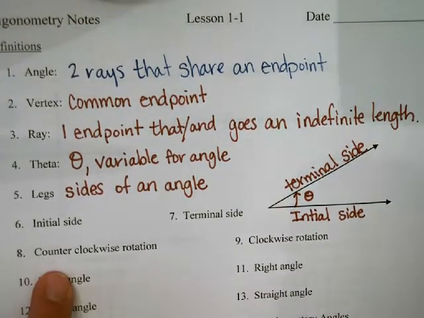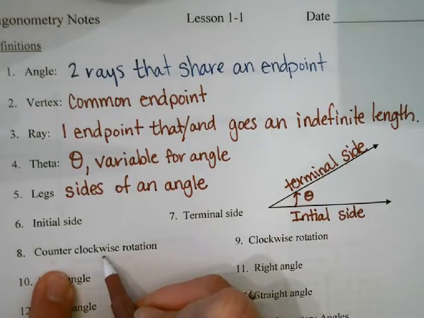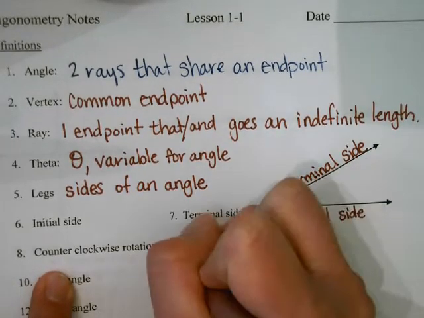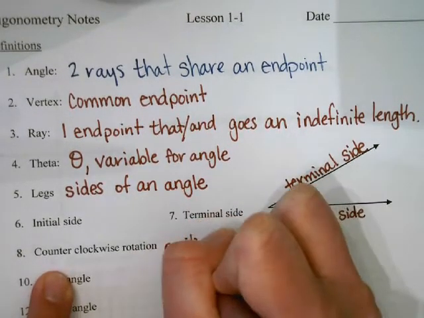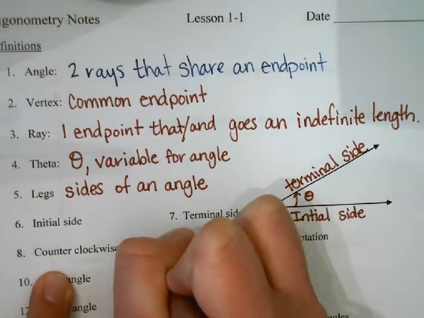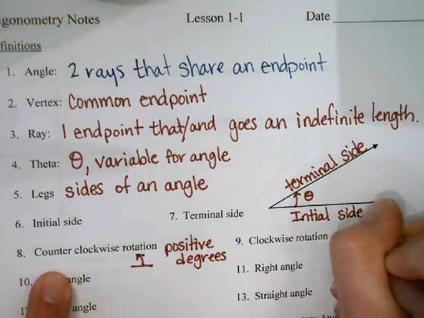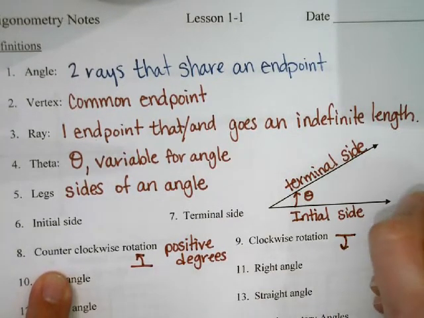If we start from this horizontal and we measure up, going in a counterclockwise rotation, we get positive degree measurements. If we start from this horizontal, our initial side, and we go clockwise and down, we get negative degrees.